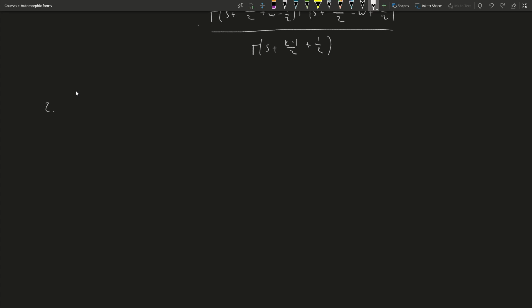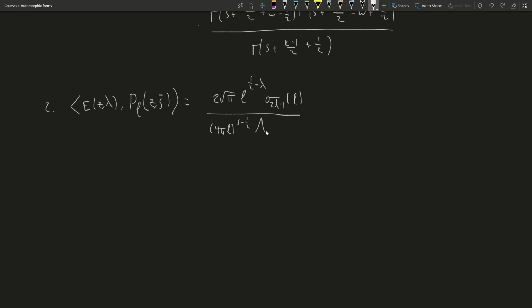these inner products that you're going to use for the spectral decomposition. So it's just as before, where we found that the inner product of E(z, lambda) with your Poincaré series at s bar was equal to 2 root pi L^{1/2-lambda} sigma_{2 lambda-1}(L) over (4 pi L)^{s-1/2}, and then here I'm going to write capital Lambda for the completed Riemann zeta function.